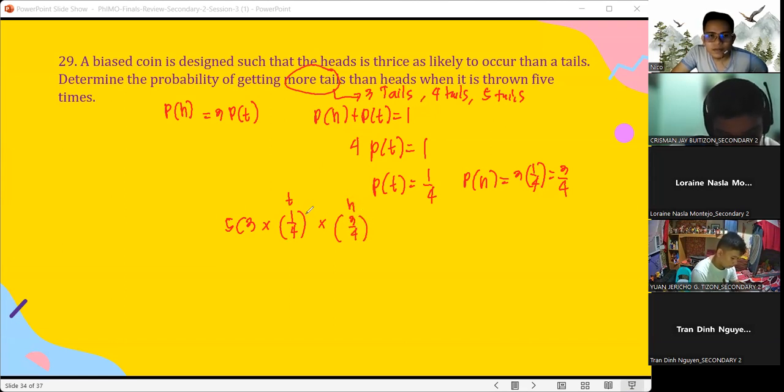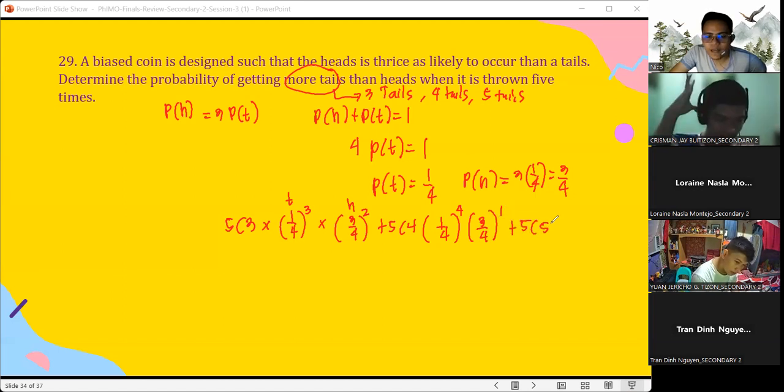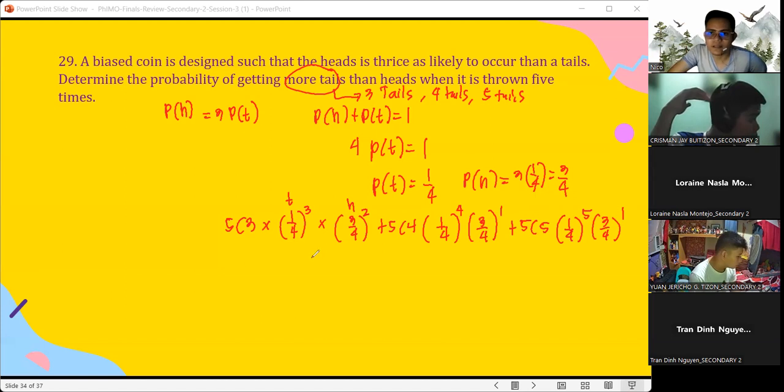So we have 3 tails, 2 heads, plus 5 choose 4 times 4 tails and only 1 head. Then 5 choose 5, that is 5 tails and only 0 heads.